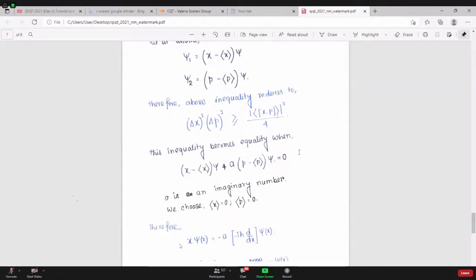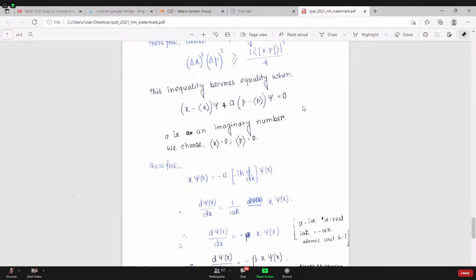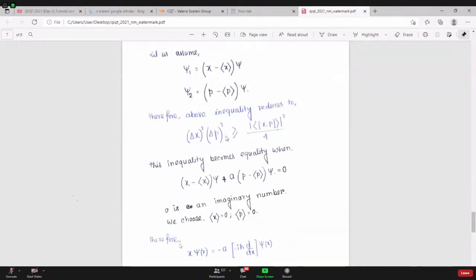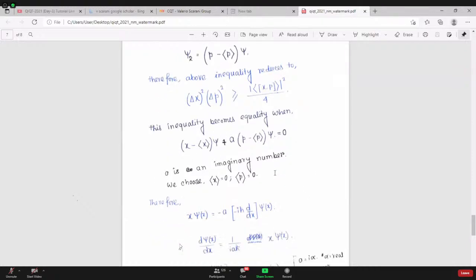So you can write psi 1 equal to some a times psi 2, where psi 1 is (x minus average of x) psi, and psi 2 is (p minus average of p) psi. Then you get this equation.